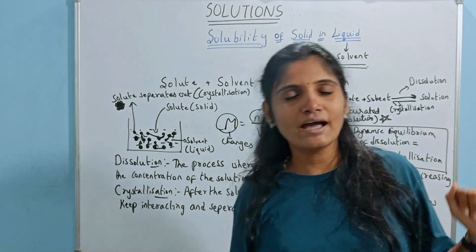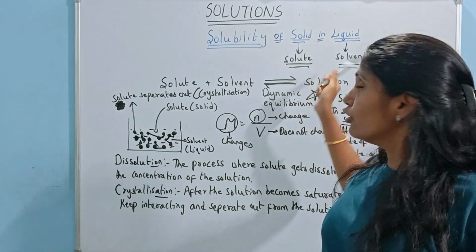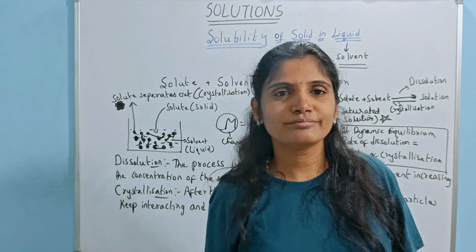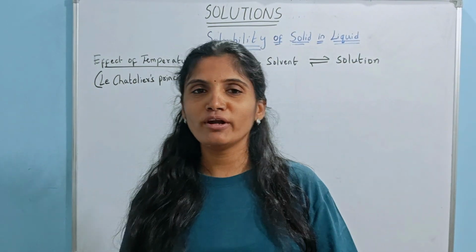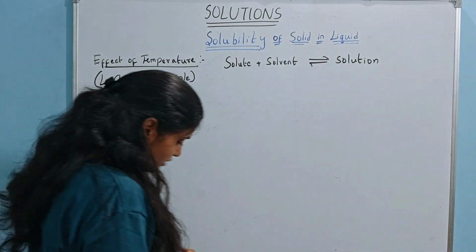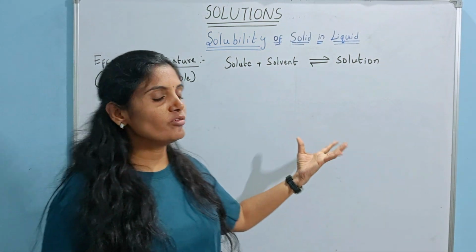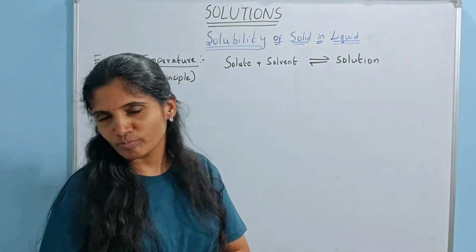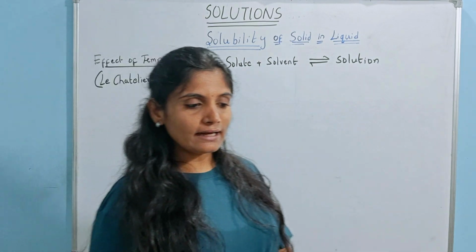Now let us see the effect of pressure and temperature on the solubility of solid and liquid. Let us see the effect of temperature on the solubility of solid in liquid. When we talk about the effect of temperature here, we need to know about Le Chatelier's principle, because this concept is understood well by it. You have studied Le Chatelier's principle in the chemical equilibrium chapter in grade 11.